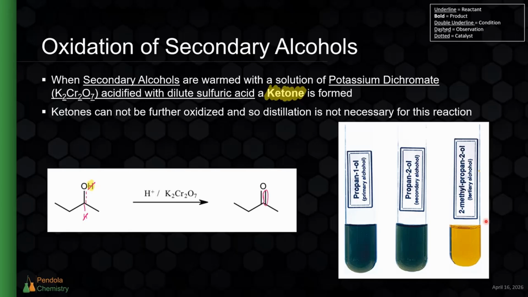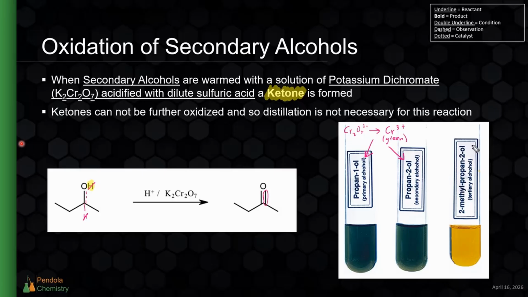So you can see here how if we react a primary alcohol, like 1-propanol, with that potassium dichromate, the reaction turns green because the dichromate, Cr2O7 2-, gets reduced to Cr3+, which is green. So that happens both in the primary alcohol, like propan-1-ol, and the secondary alcohol, like propan-2-ol.